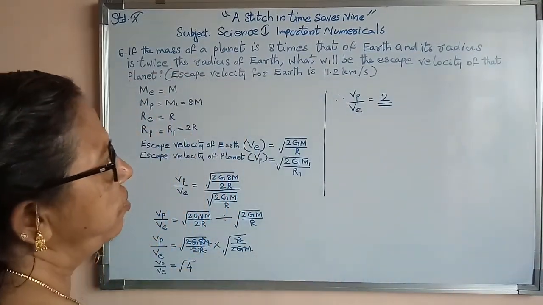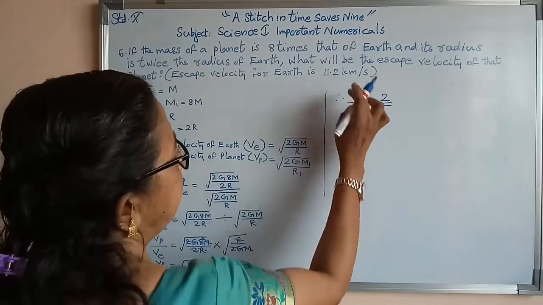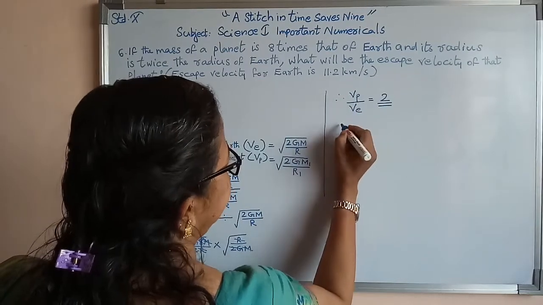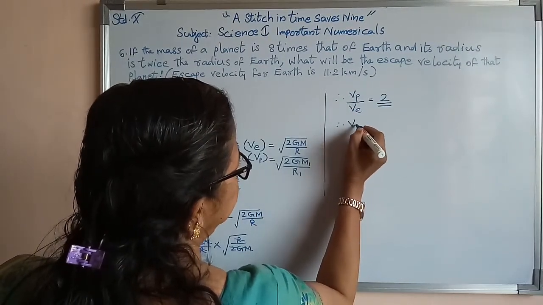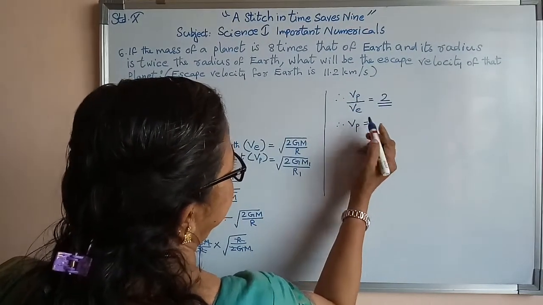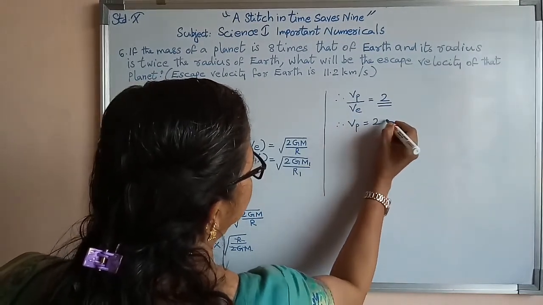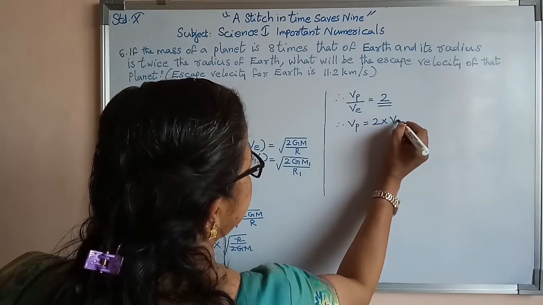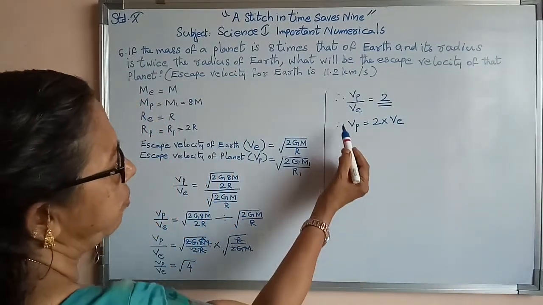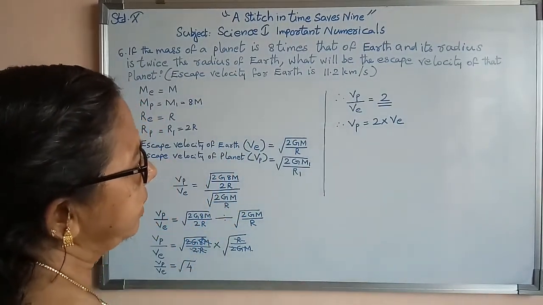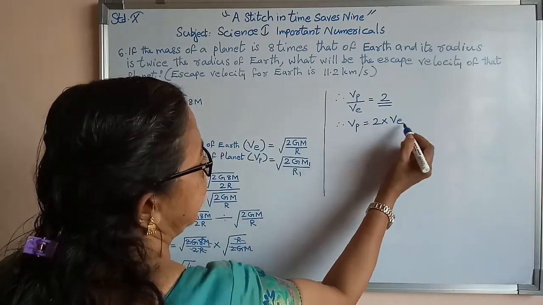Now from this we have to find out the value of the escape velocity of the planet. Therefore the escape velocity of planet is equal to, since division form is there, when it goes across it will be in the form of multiplication. So we can say that the escape velocity of planet is equal to 2 times the escape velocity of earth.